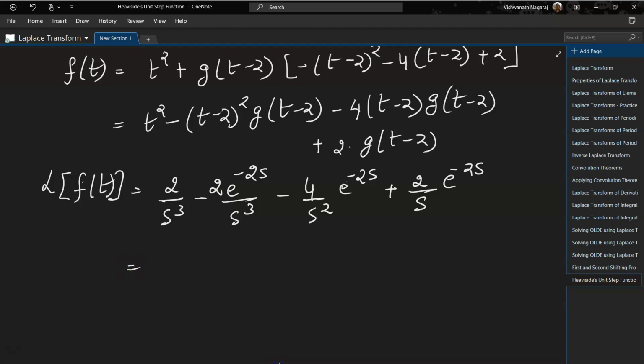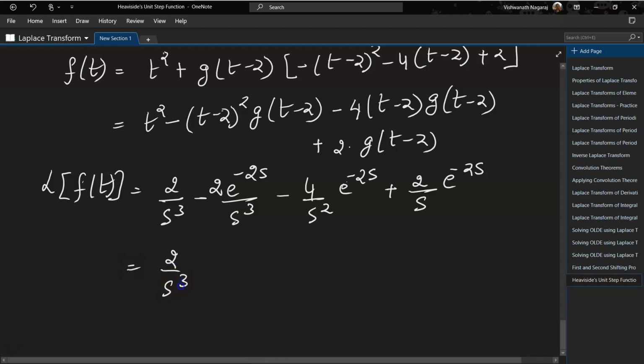Is equal to, now 2 by s cube minus e to the power of minus 2s is common. And let's take s cube also common out. So what are we left with? 2. Similarly, this is minus. So let's take this minus inside. So let this be plus, let this be minus, minus 4s.